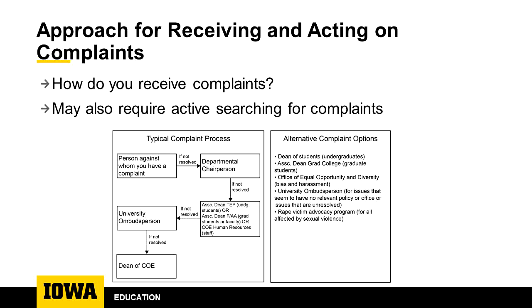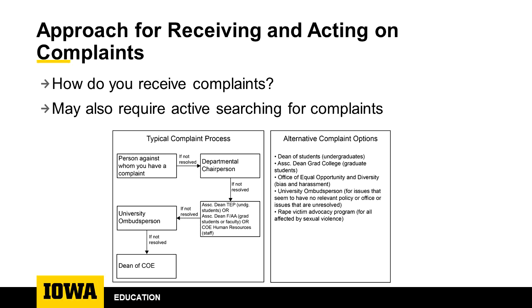Shown here is an example from the College of Education's approach for receiving complaints. I show this not as an exemplar, but for you to think about how your approach might align with the college's approach. In the college, the first step in addressing a complaint is for the person with the complaint to address it with the person with whom they have a complaint. There are also alternative complaint options, which are particularly important for complaints related to sexual harassment or sexual violence. You can see on the right there.